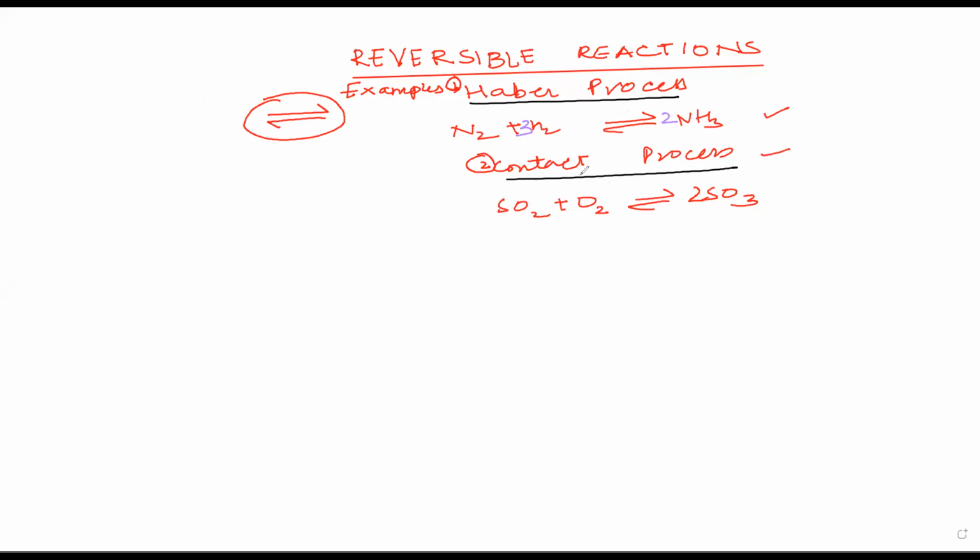Similarly, the second example is the contact process where sulfur dioxide and oxygen will combine to give you sulfur trioxide. And when a certain amount of sulfur trioxide is formed, it will start to dissociate, decompose to give you the reactants back. So these reactions go in the forward direction and they go in the backward direction also, right?